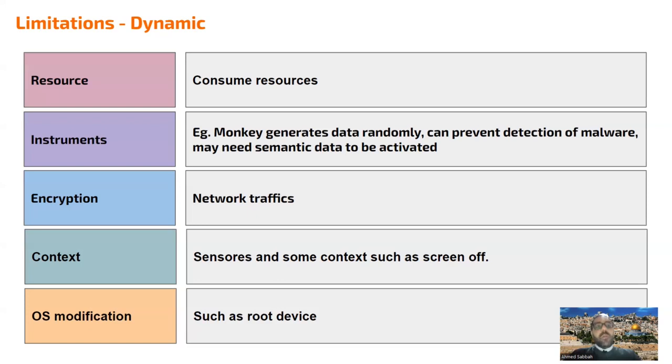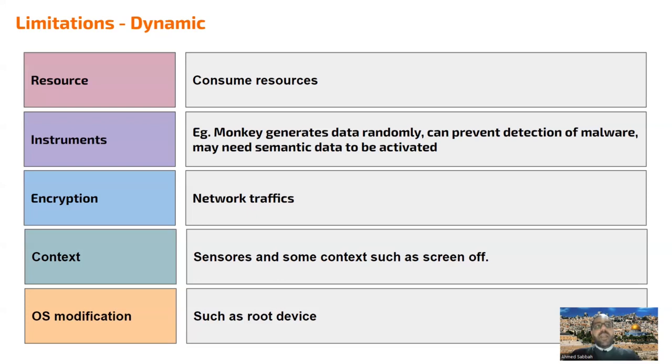Context: some malware is context-aware and does its malicious activity only in certain conditions. For example, the malware hides its behavior until Bluetooth is on or the screen is off, or any context that appears in a real mobile application. It does not exist in the emulator.